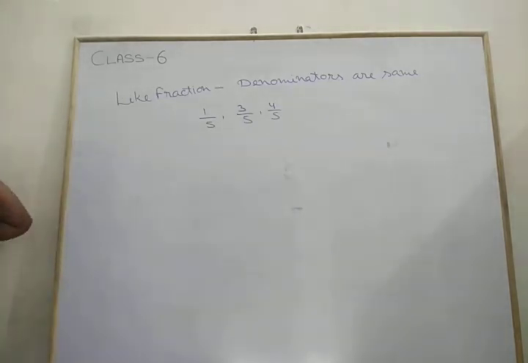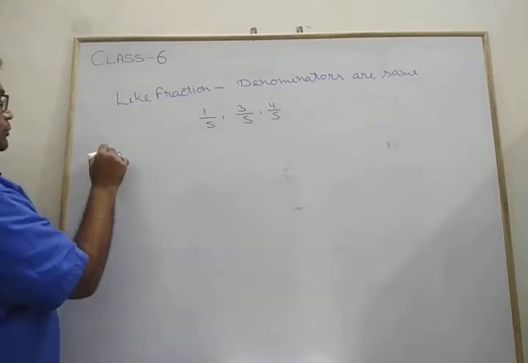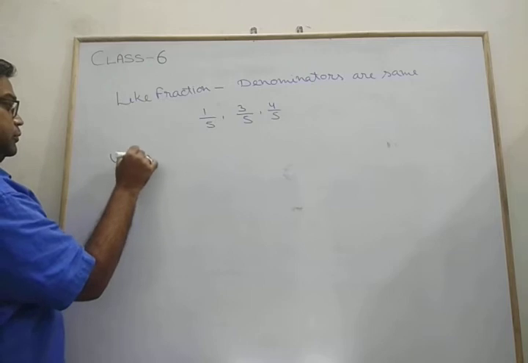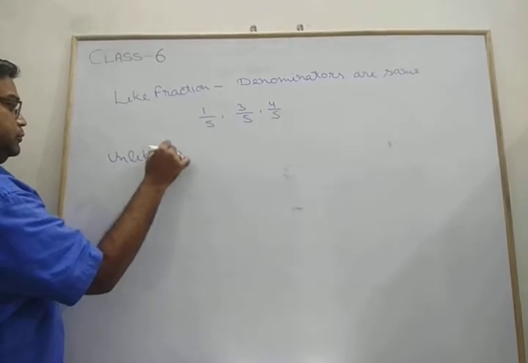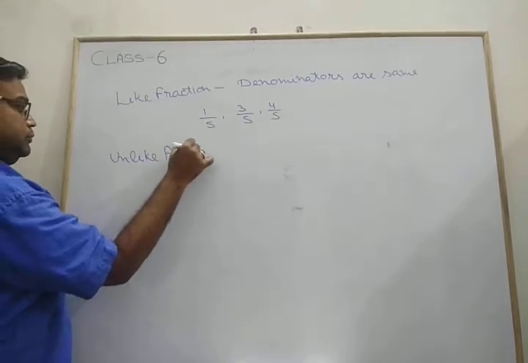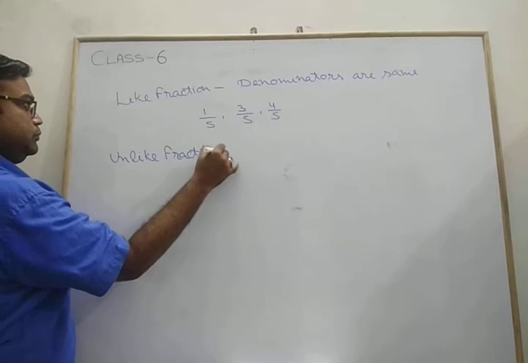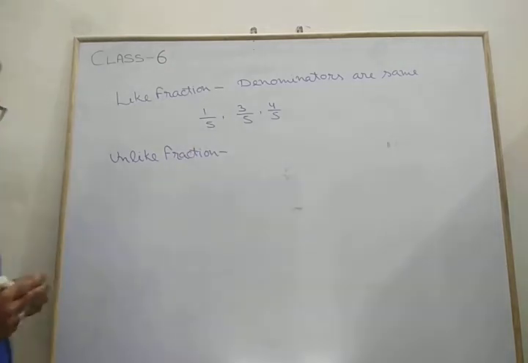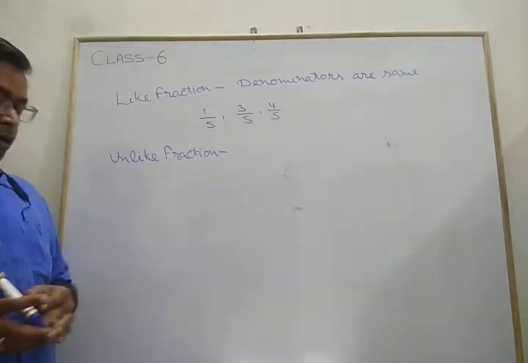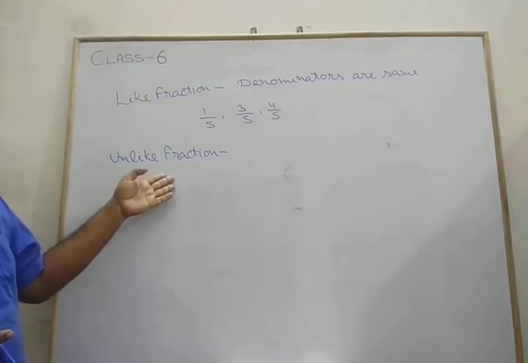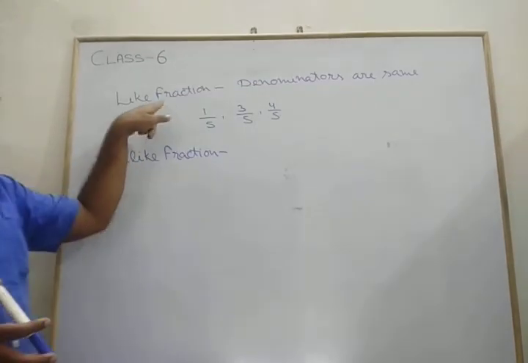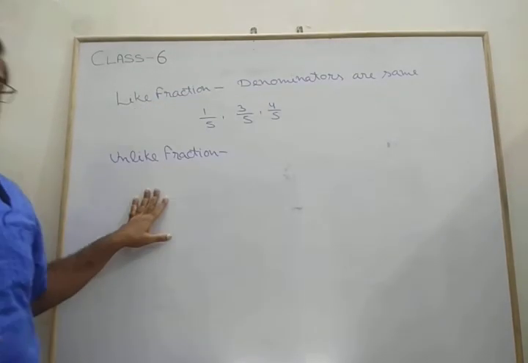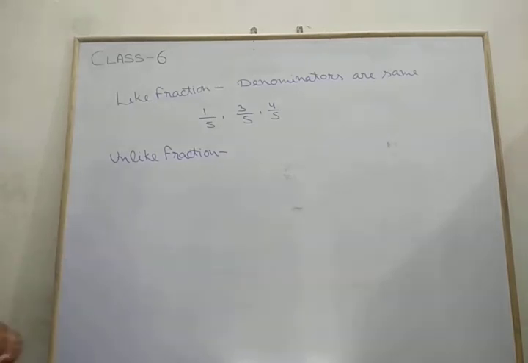Then there are unlike fractions. Next one is unlike fractions, just opposite. In like fractions, denominators are the same, but in unlike fractions denominators are not the same, they are different.